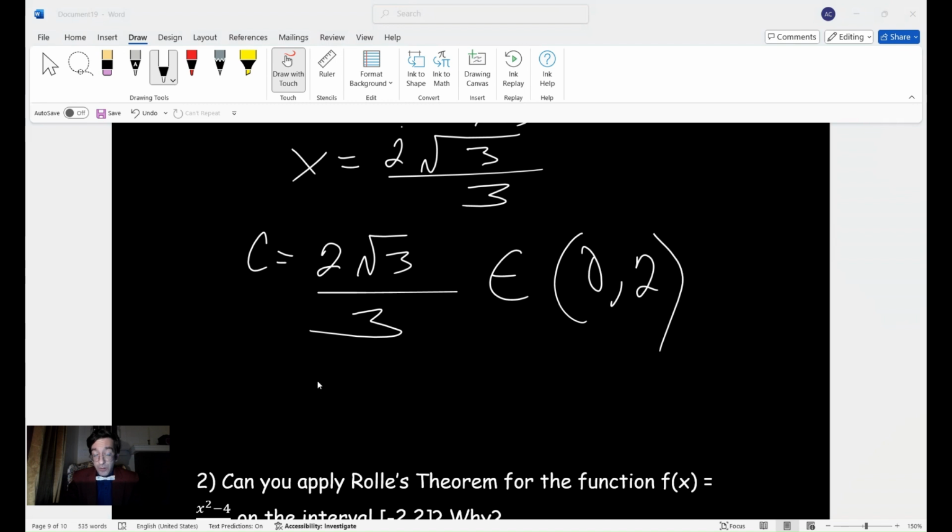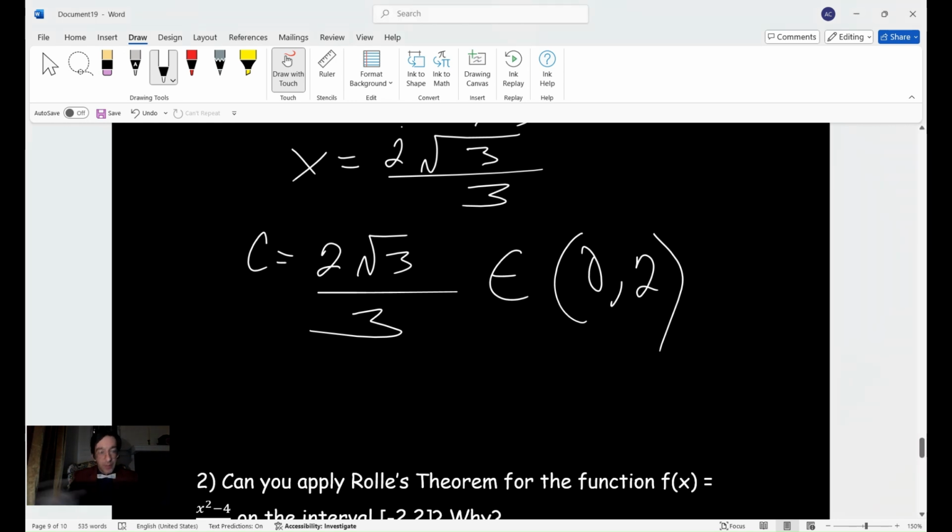And we found, in that case, f prime of c equals 0. So what is the conclusion here? We verified Rolle's theorem on the interval 0, comma 2, with the point c being 2 radical 3 over 3. All right?